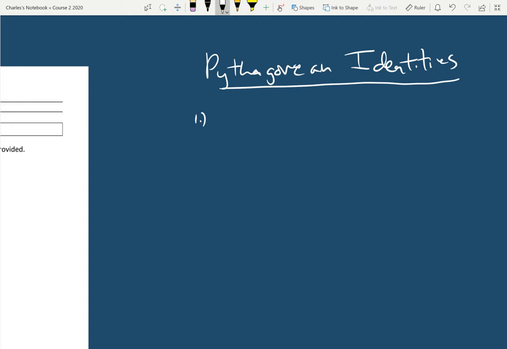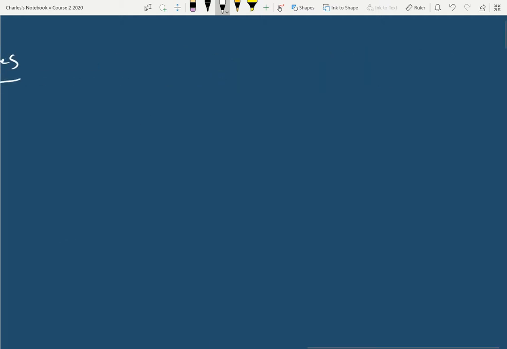So the first thing with these trig functions: there are 6 trig functions. First is sine, next is cosine, and the third is tangent.